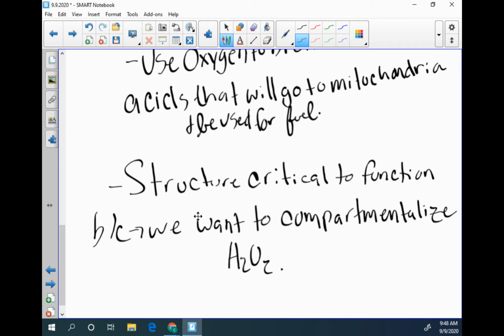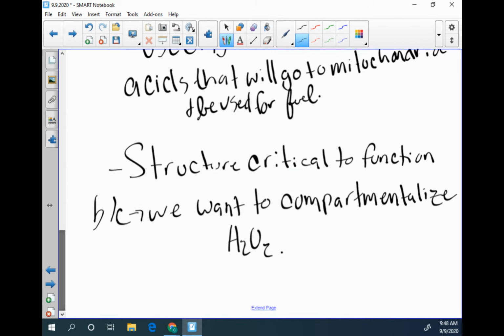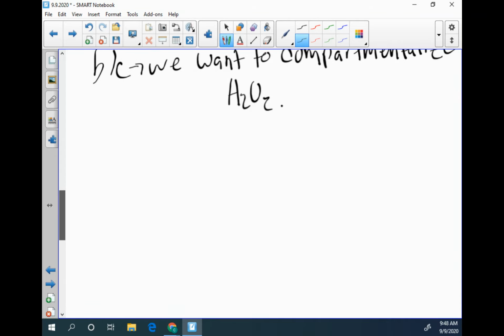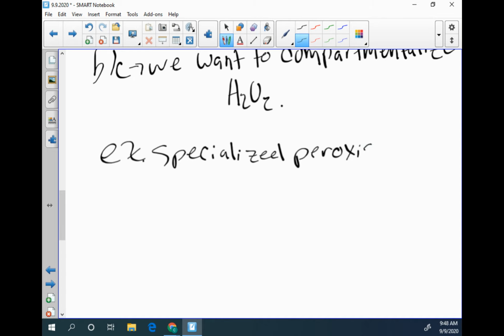An example, really quickly, there are specialized peroxisomes called glyoxysomes. So, specialized peroxisomes called glyoxysomes.